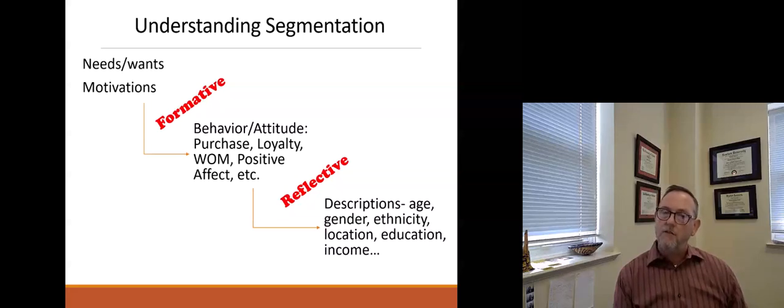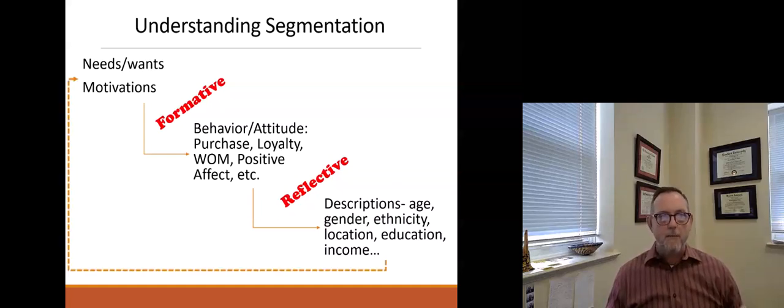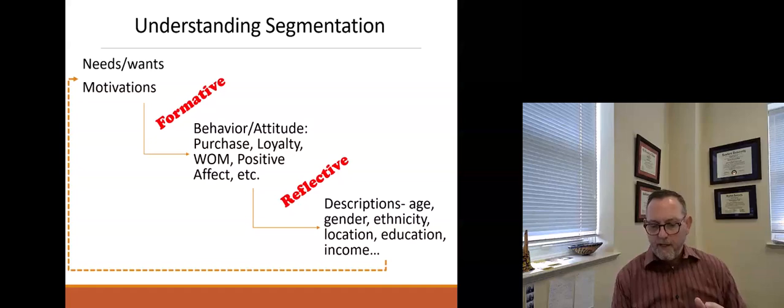So when we talk about demographics, oftentimes it's a reflective thing. It doesn't cause behavior. Occasionally, we certainly do have these types of variables that might lead to a need or want. Think about age, for instance. People who are younger have different product needs than people who are older in some cases.